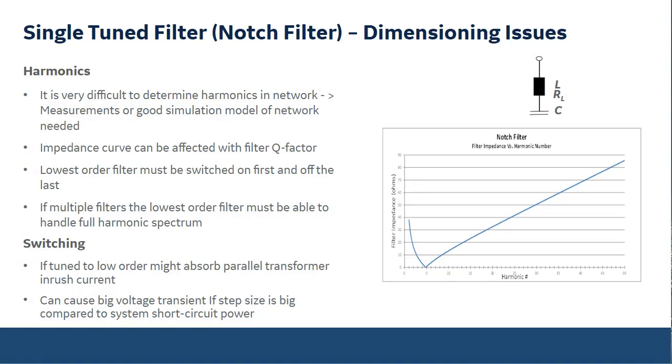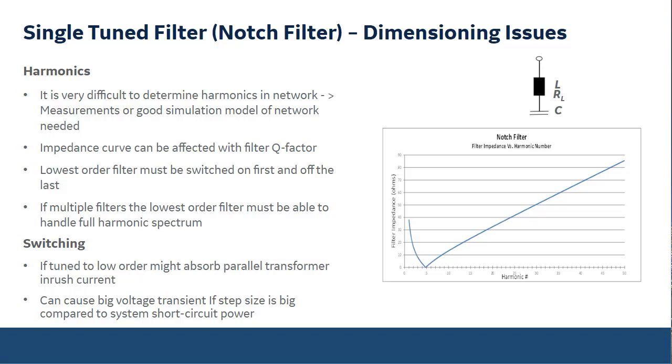We can change the Q value of the reactor, so we can increase the losses. So by increasing the losses of the reactor, we can decrease the quality factor of the reactor and also quality factor of the filter. The quality factor defines the shape of the impedance curve.